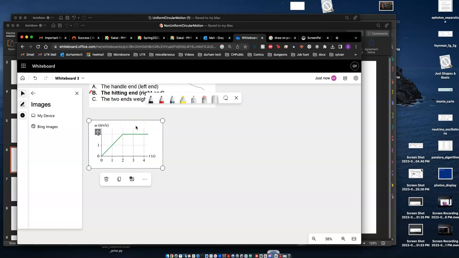So in this case, between 0 and 2 seconds, we're going to have a linear equation for our angular velocity. We should be able to see that that's a slope of 1 starting at the origin. So for that, it's like y equals mx plus b: this is equal to t, since we've got a slope of 1 and we start at the origin.